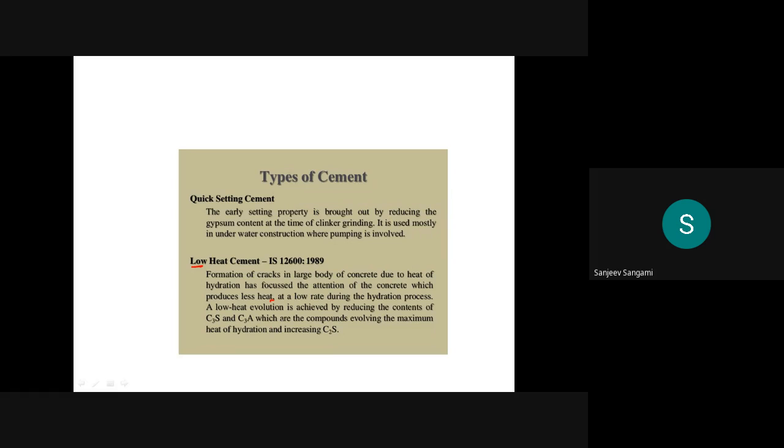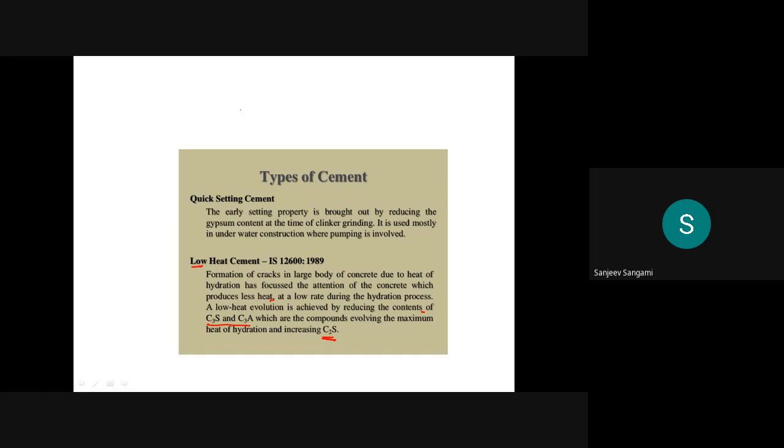Low heat is achieved by reducing the contents of the two compounds evolving the maximum heat of hydration, and increasing the C2S. So either it is dicalcium silicate, tricalcium silicate, or dicalcium aluminate or tricalcium aluminate. These are more predominantly used, and the composition is very important.